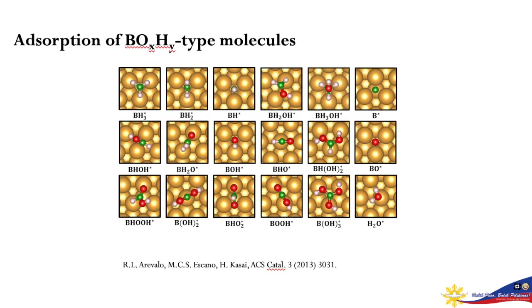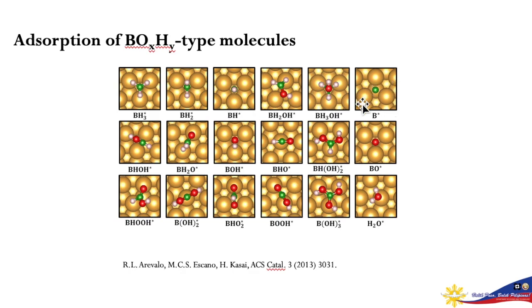I show here the adsorption structures of BOxHy type molecules that we have considered in this study. Here we see that BH3 has the same adsorption structure as BH4. I also show here the adsorption structures of other non-oxygen containing BH fragments.